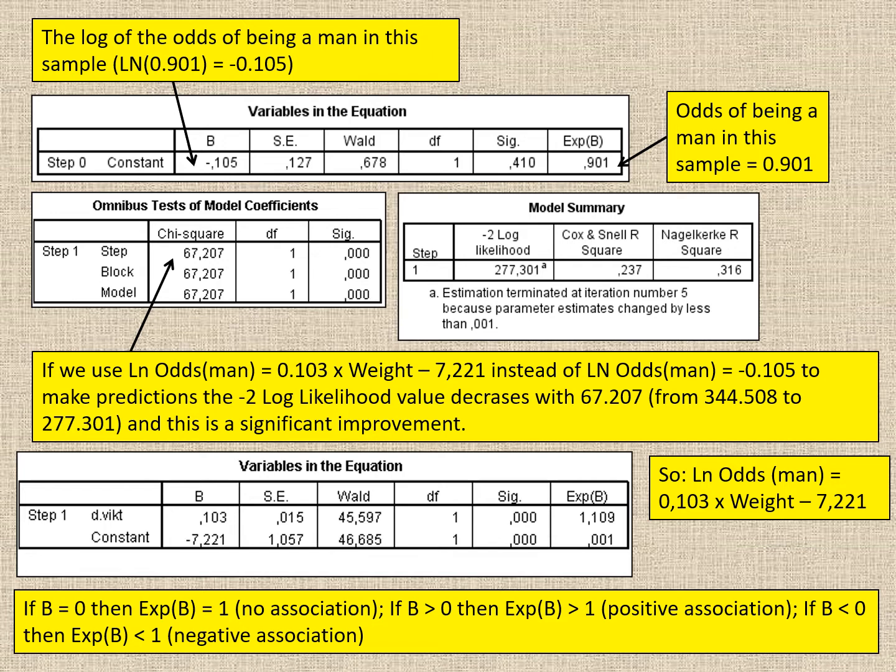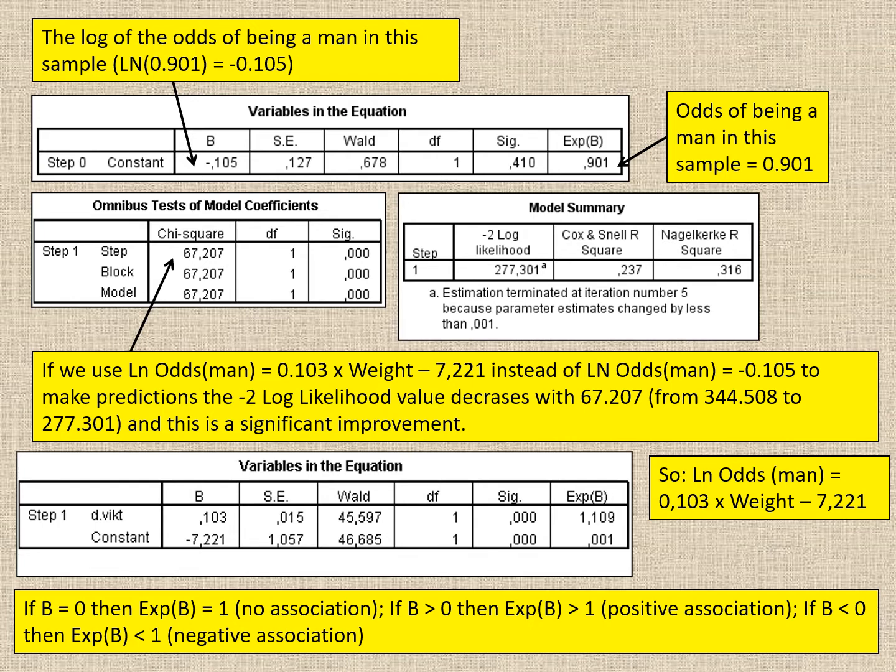How about these regression coefficients for the effect of weight? 0.103. How do we interpret regression coefficients? If weight increases by 1 kilo, because that's the unit we're using here, what happens?